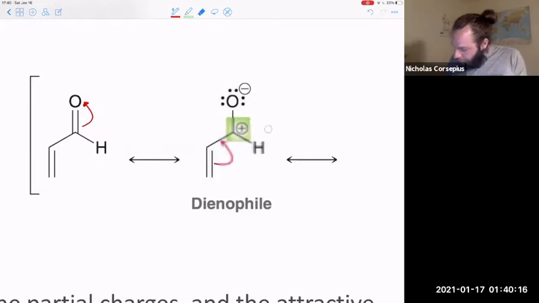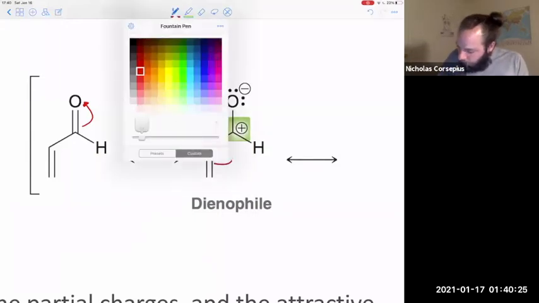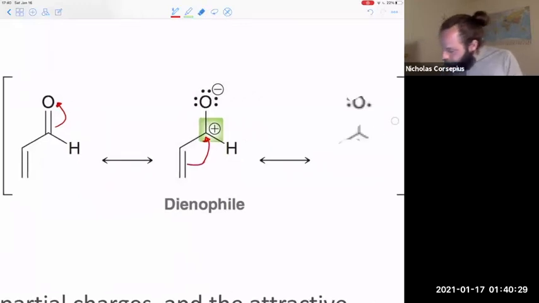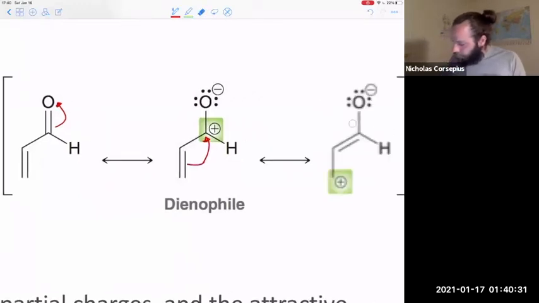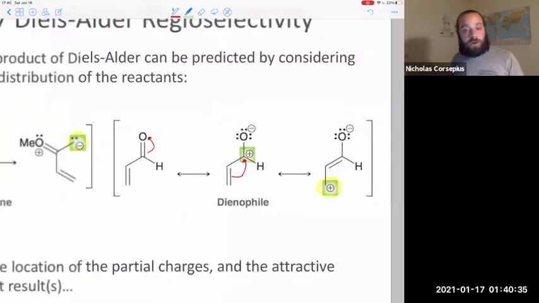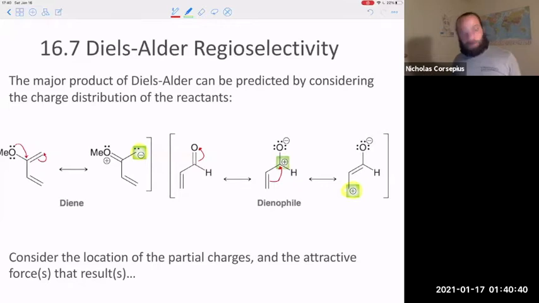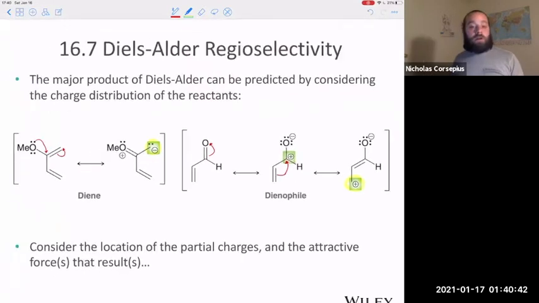And then this pair of electrons from that pi bond can go, I don't like it pointing there, I want it pointing at the actual carbon, can jump up there, and we get this resonance contributor here, where this carbon has a partial positive charge, right? So in my diene, it has this resonance structure available where one carbon has sort of an excess amount of electrons, an excess amount of negative charge.